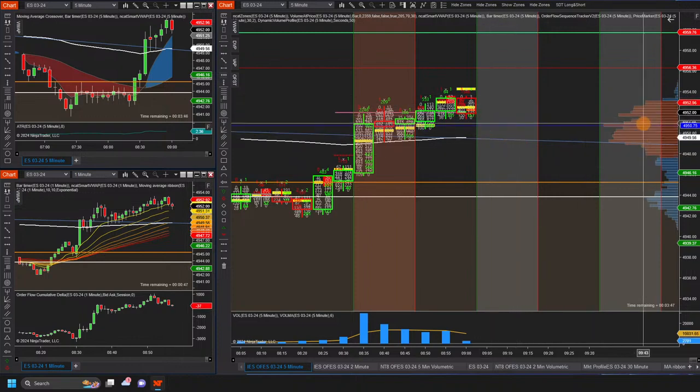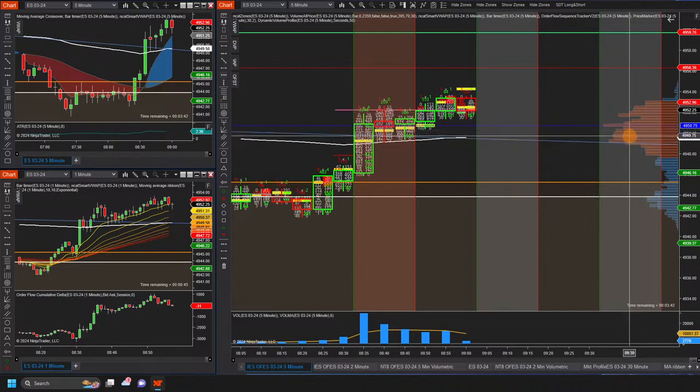Looks like a little bit of a pullback here to 49.50, perhaps. Get all the way down there.